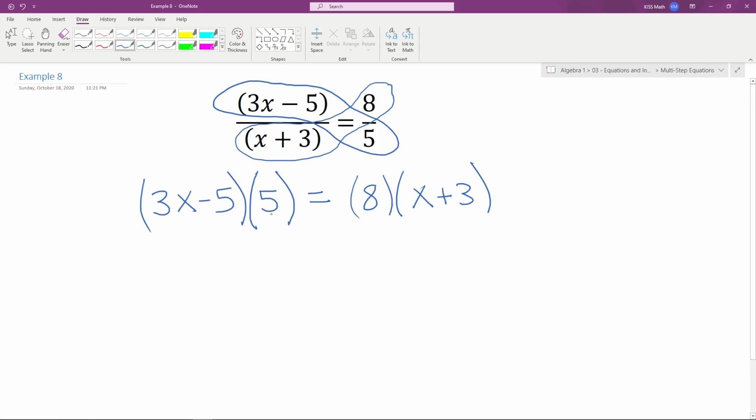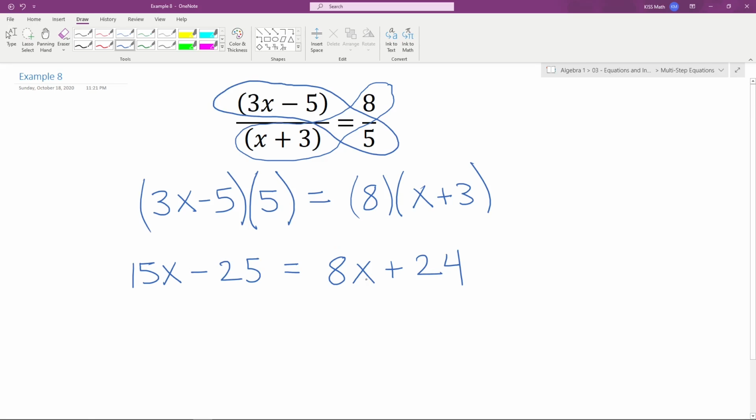Now it's important to keep the parentheses because that means you're multiplying this whole thing by 5. And in order to do that, you're going to have to distribute it. So let's distribute this 5. So we have 15x minus 25 equals, and then on this side we're also going to distribute this 8 here, so that's 8x plus 24.